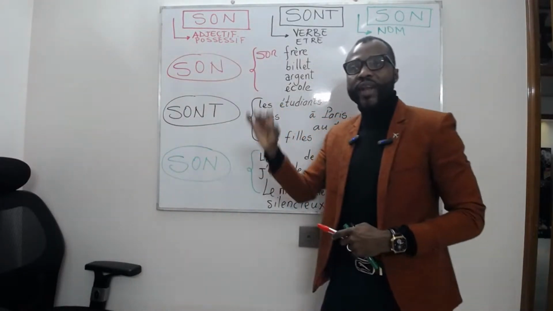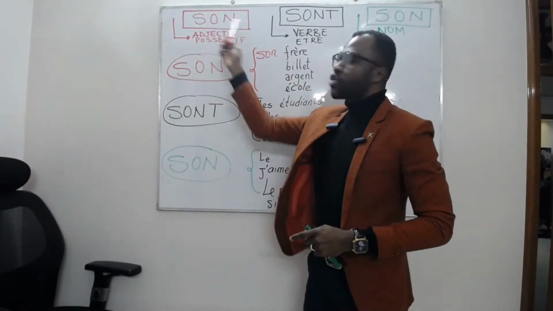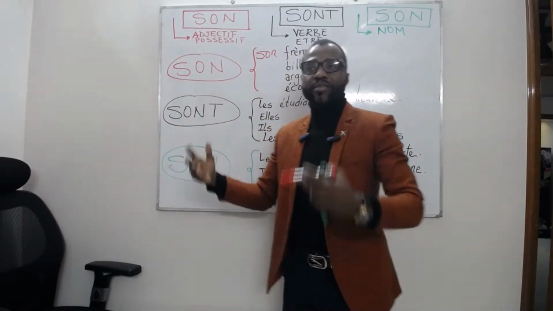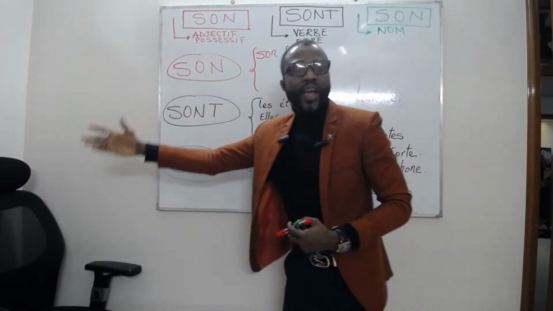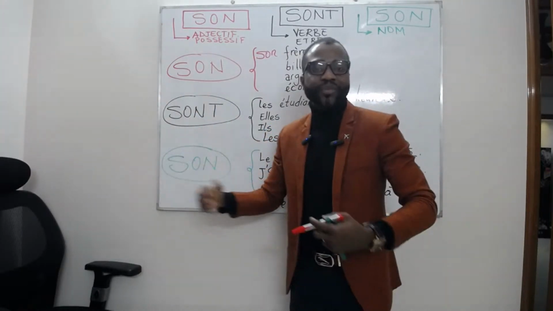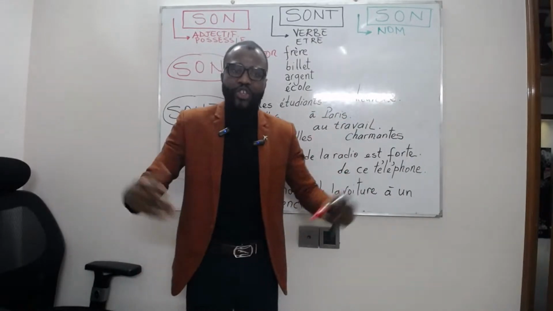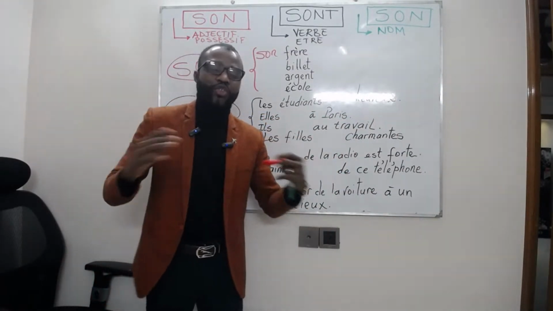If your object or noun is masculine, obviously we use son to express his or her, that belongs to somebody. So I can say son frère, son ordinateur, son bureau, son drapeau, son t-shirt, and we can say a lot of things with son. Très bien.